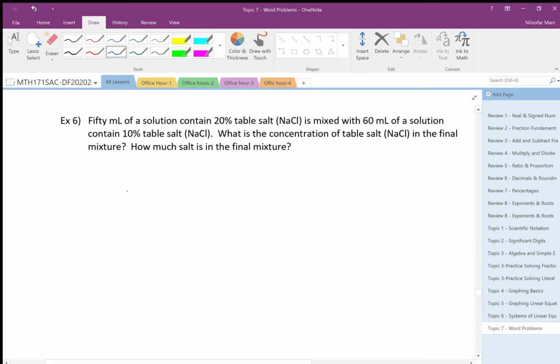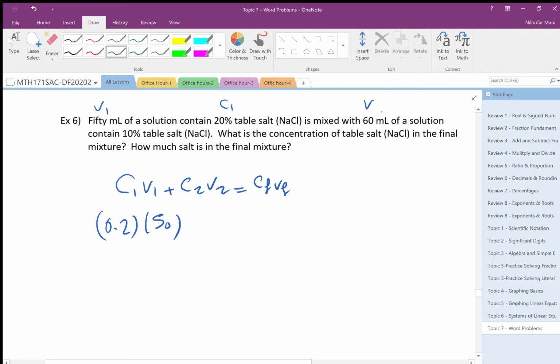You have C1 V1 plus C2 V2 equals C final V final. C1 is 0.2 multiplied by 50, so this is C1 V1. This is C2 V2. And you are looking for the final concentration, CF. What is VF? We just add them.